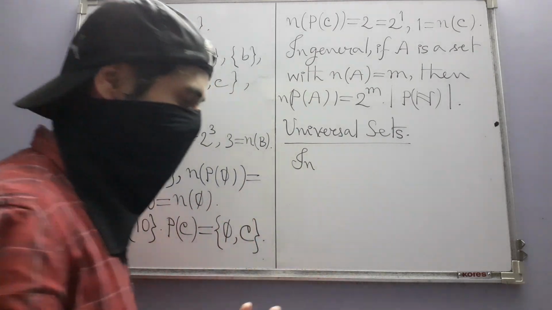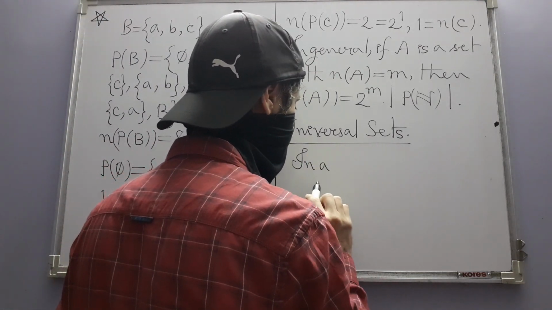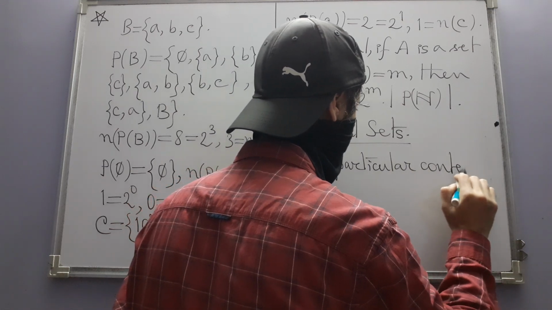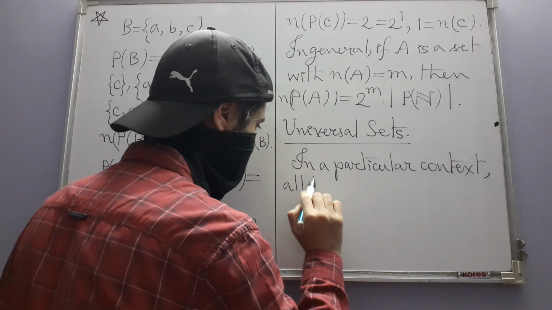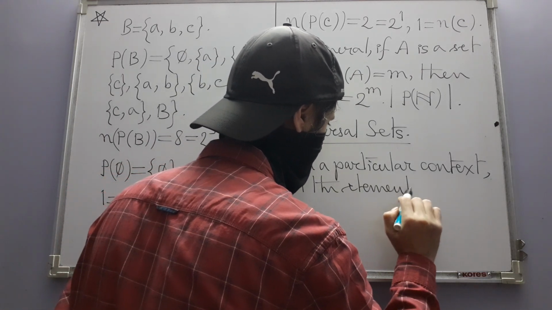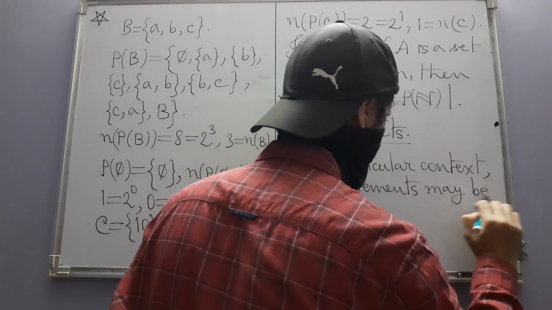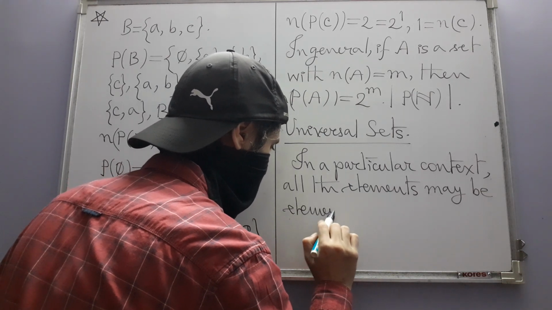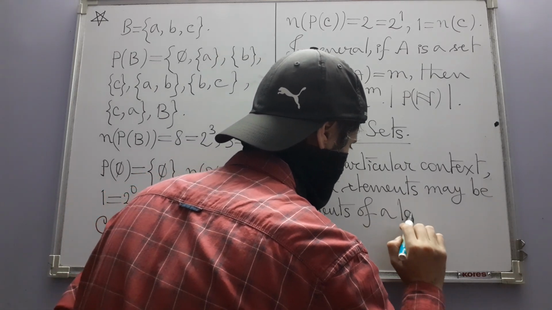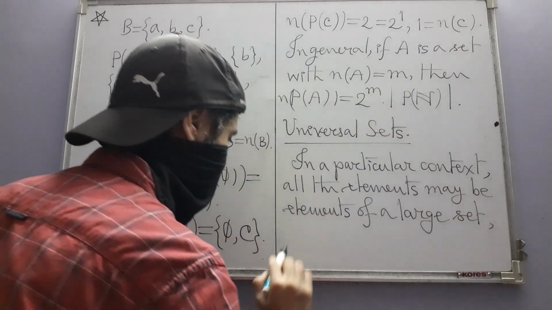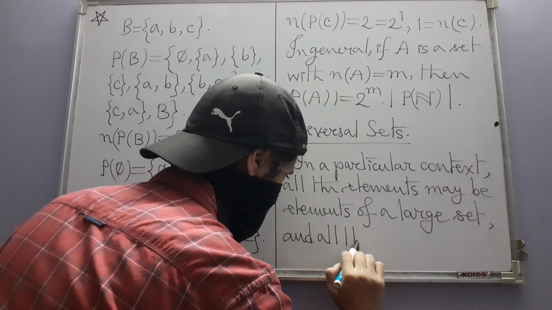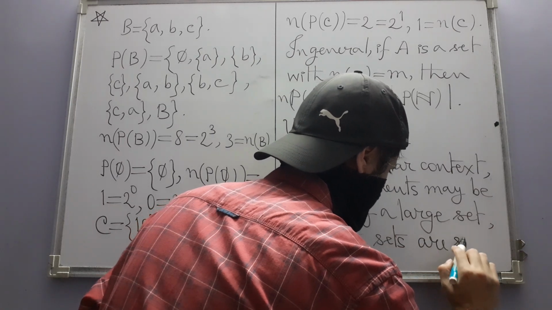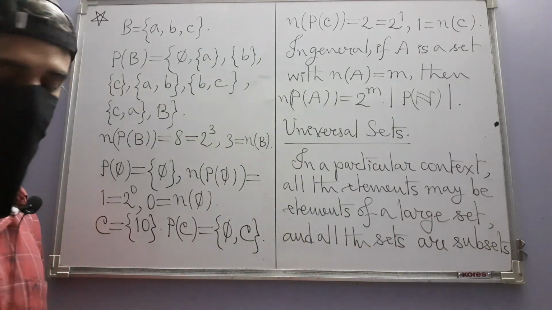Let me first write what is written in the text. In a particular context, all the elements may be elements of a large set, and all the sets are subsets of that large set.